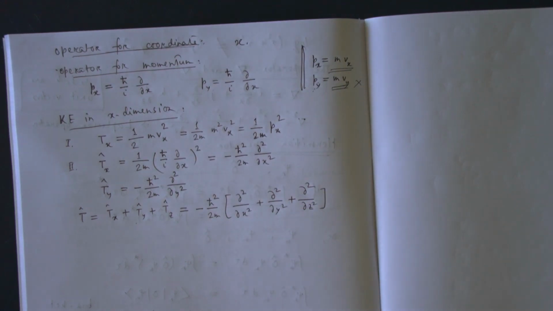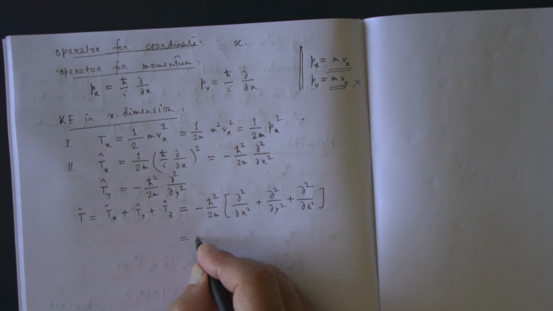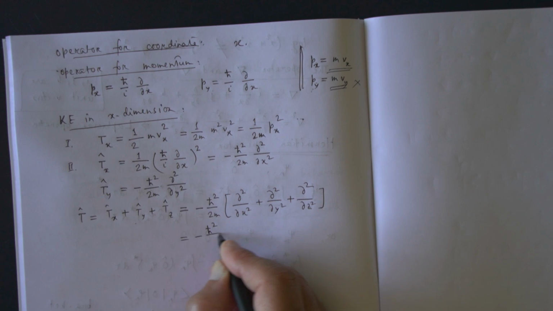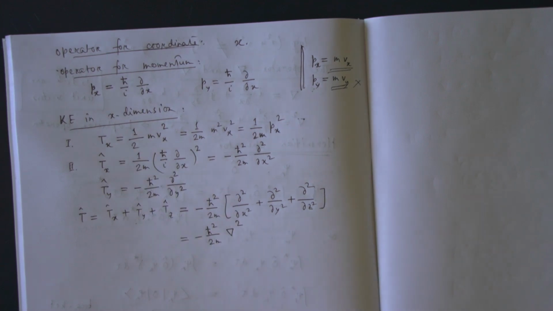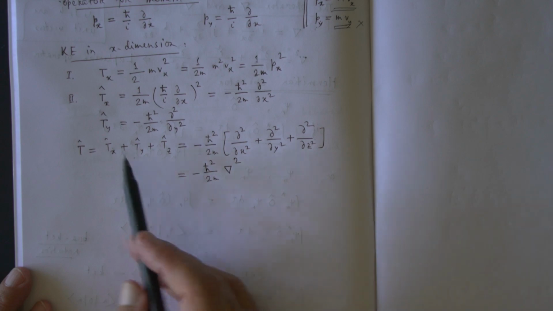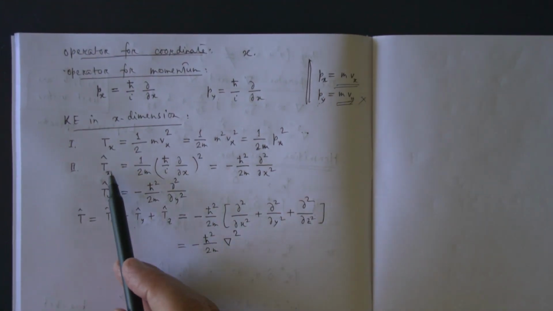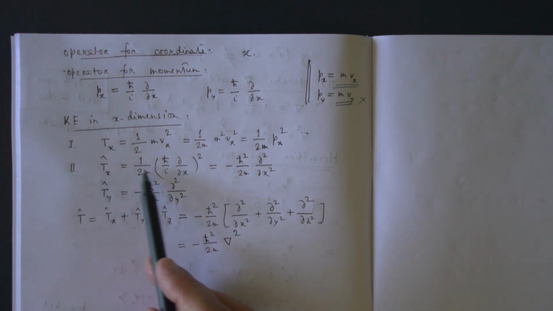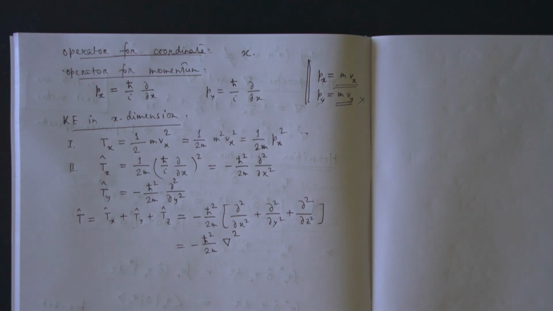We have already seen this is the Laplacian operator, so we can write it as minus h bar square by 2m del square. This is the operator for total kinetic energy.